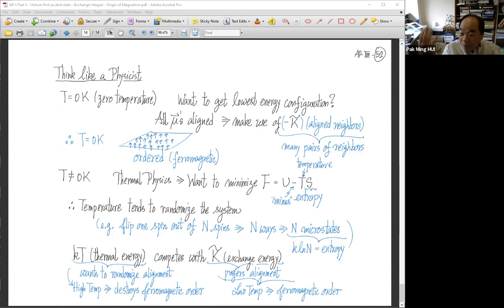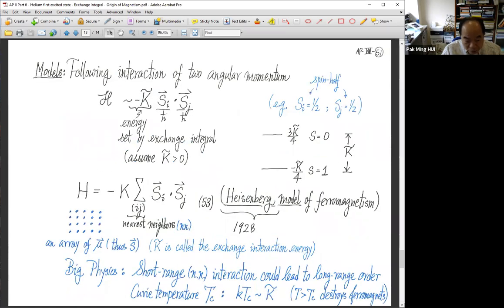So what happens in terms of thermodynamics, or what you are learning in statistical physics? Here is a very brief one-page idea. Let's think about zero temperature. Then it's simple. We just look at the Hamiltonian, the model Hamiltonian. If all the spins are aligned, the dot product will be very big. With a minus sign in front, the energy will be the lowest.